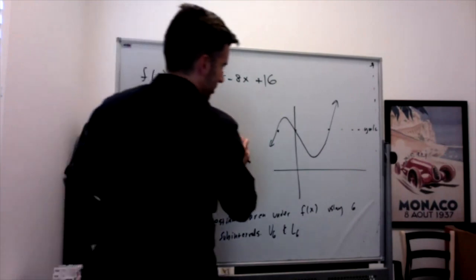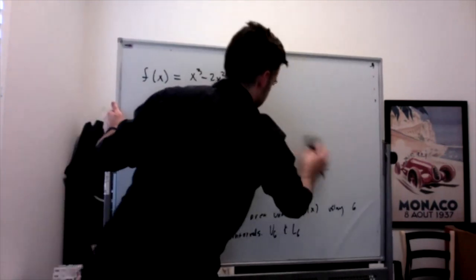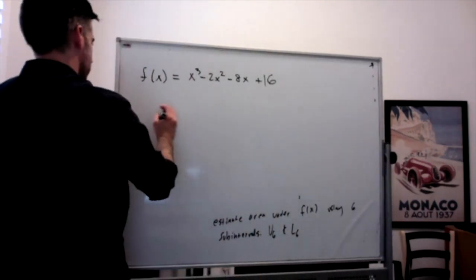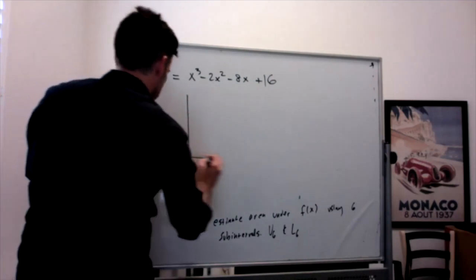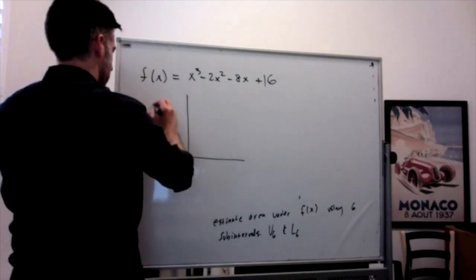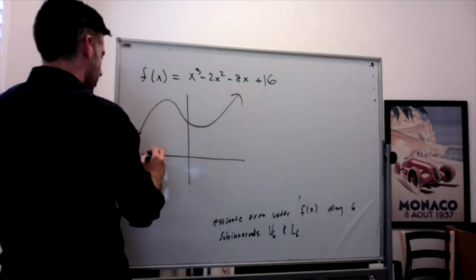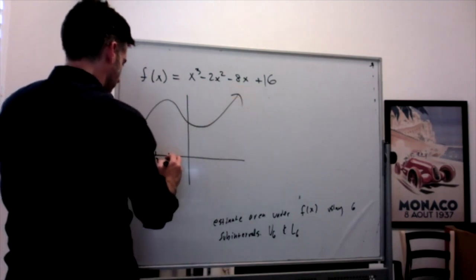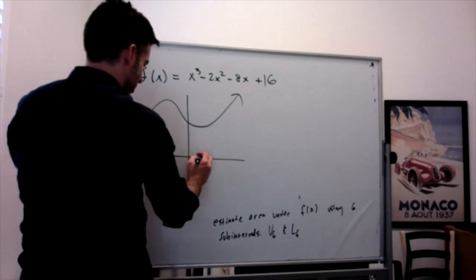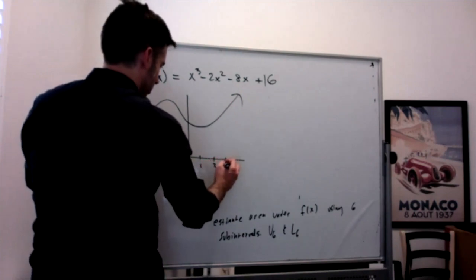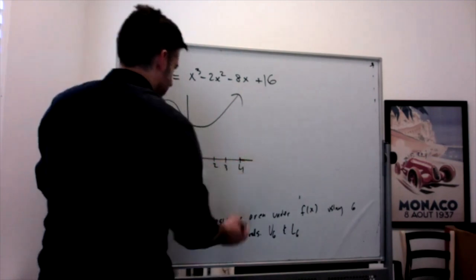So here's what we've got. I'm going to try and draw this a little bit less terrible. So -2, -1, 0, 1, 2, 3, 4.